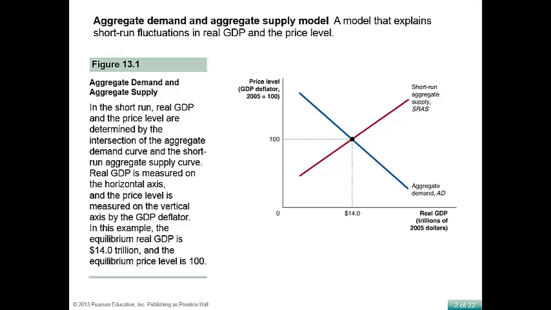So today we're going to talk about aggregate demand and aggregate supply, which is also referred to as an ADAS model. And it is a model that can be used to explain short-run fluctuations in real GDP and the price level. Don't be concerned if you don't understand what GDP is right now. We will explain it in a few minutes.